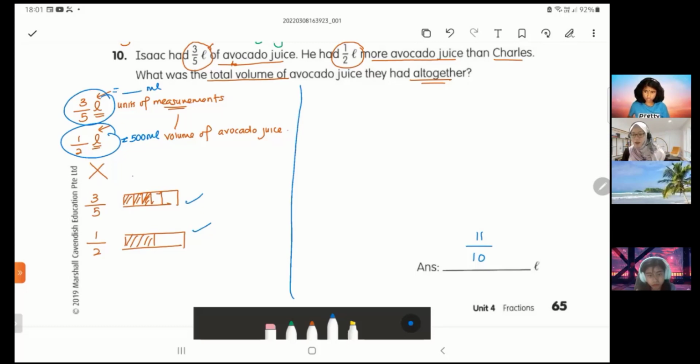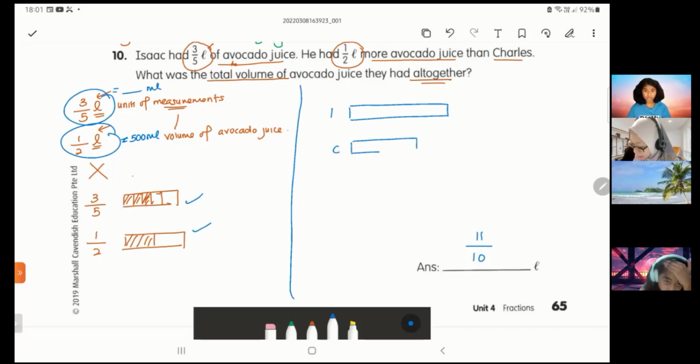So now let's try to solve the sum. Isaac has 3/5 liters and he has more than Charles. So how much more does he have? He has half more. This is half liters more.